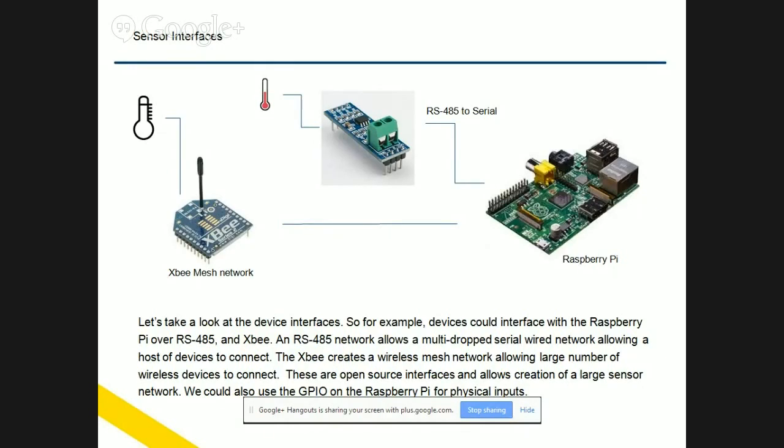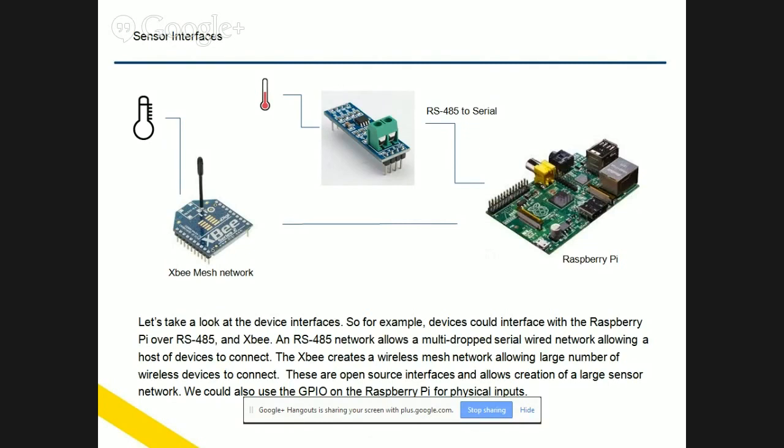So a sensor is incomplete unless it is capable of transmitting data from that device using predefined protocols to the gateway. So in this case, as we have seen, we could use a wired interface or a wireless interface.